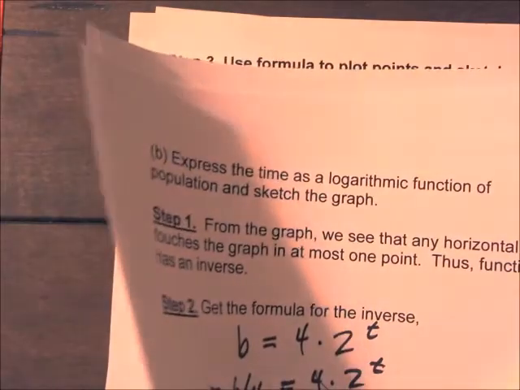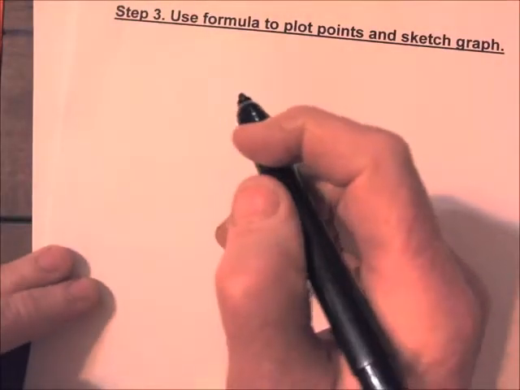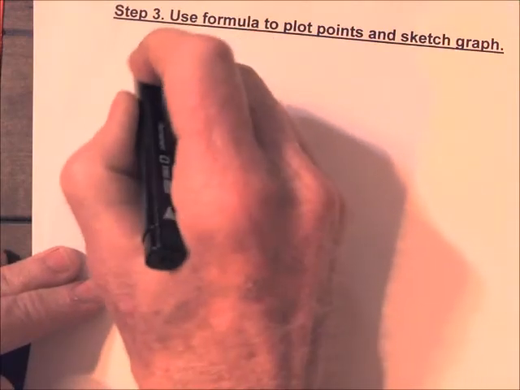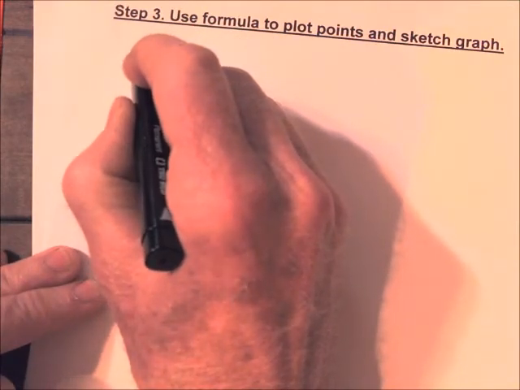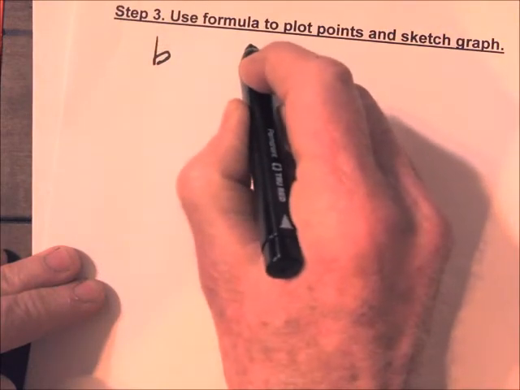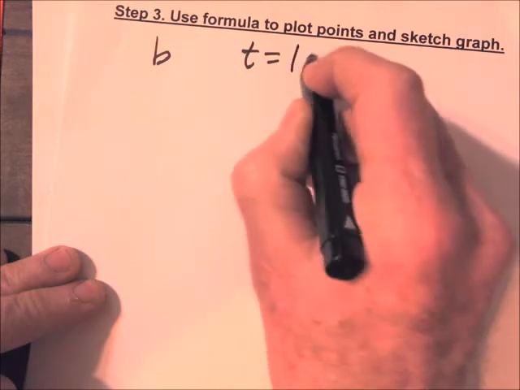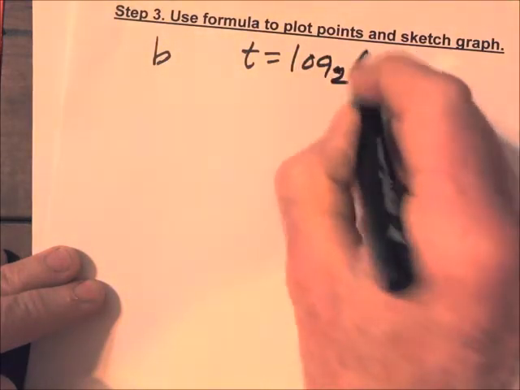Okay, so let's make a table of values. I'm going to put b on the left now because we're switching the inputs and outputs, and t is equal to log base 2 of b over 4.